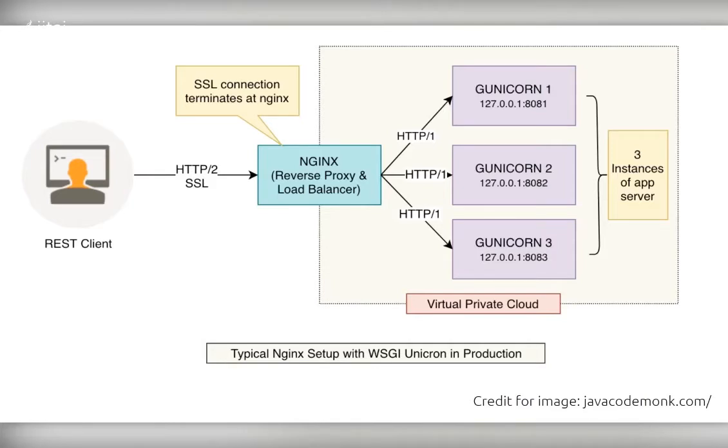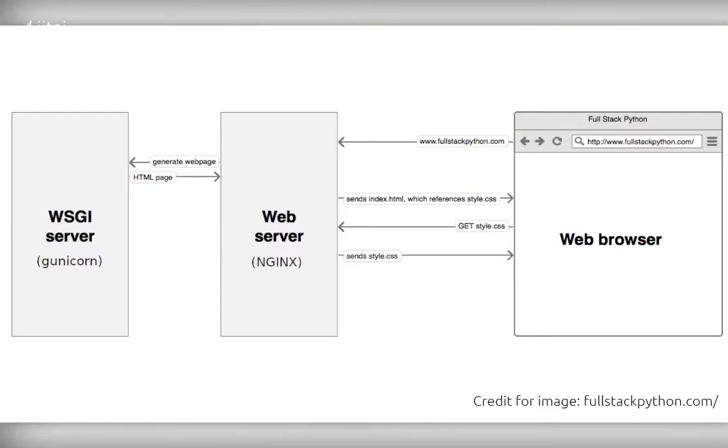a web server gateway interface. If you can see here, the web browser tells the web server to get this specific URL, and then the web server interfaces with gunicorn and tells it specifically what to do. So it says I want this URL, then nginx tells gunicorn that I want this specific route.